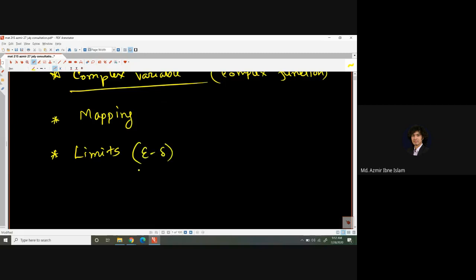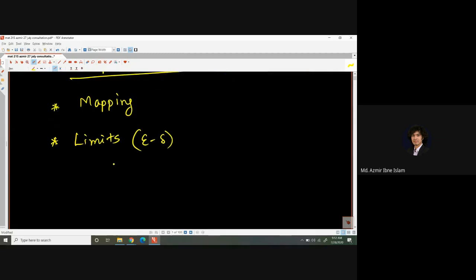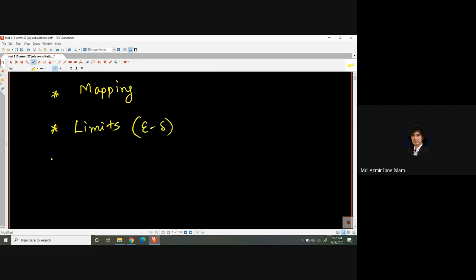We have to check whether the limit of a function at a given point exists or not. At the same time, you must have seen some theorems on limits.